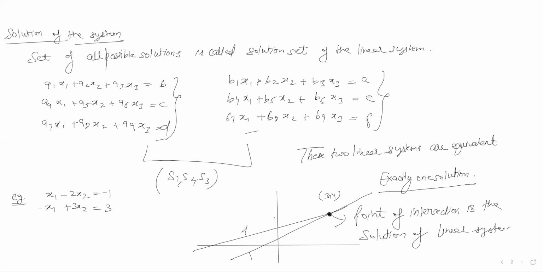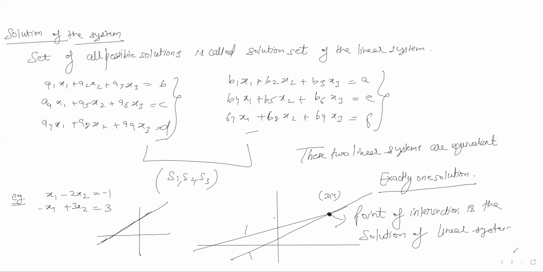But the possibility is that two lines coincide. Let's say this is the first line and the second line also coincides, on the same line, same points, when it will coincide, right?